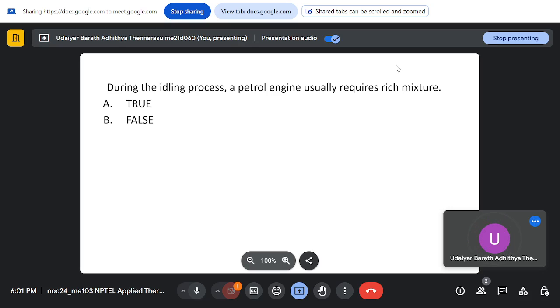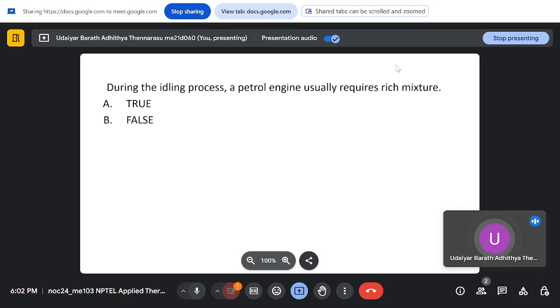A rich mixture is when you have excess of fuel going in for a combustion process. For stoichiometric combustion, if one mole of fuel requires some X amount of air, that gives you complete combustion, a complete combustion with no residual fuel being present in the products.